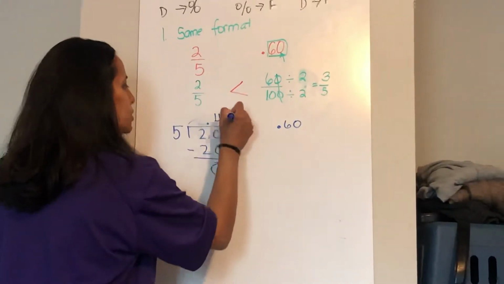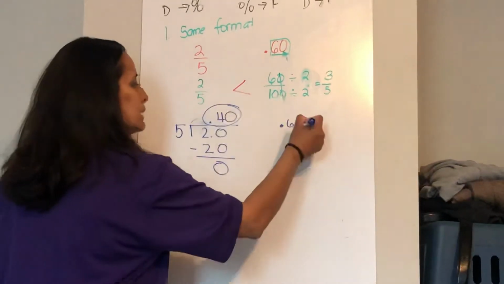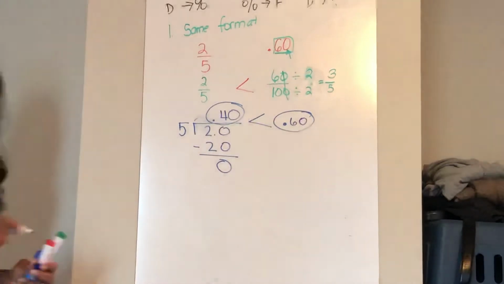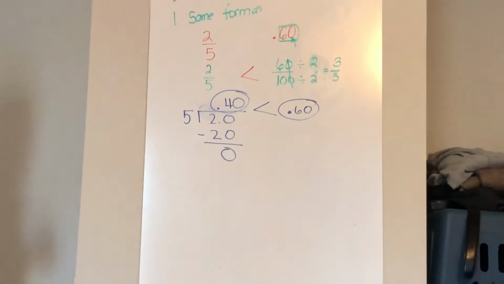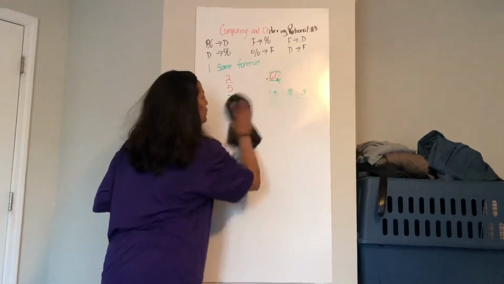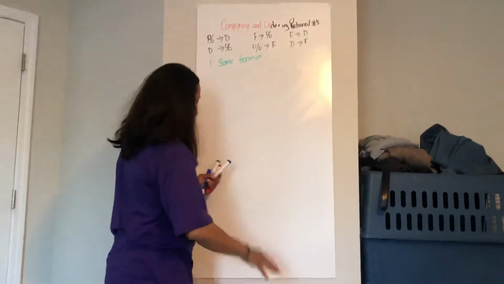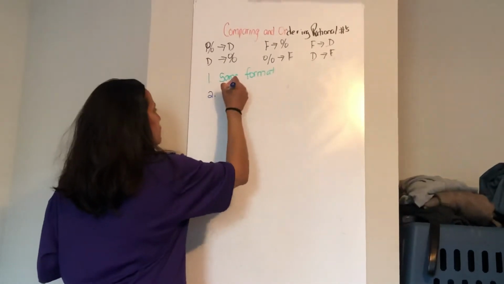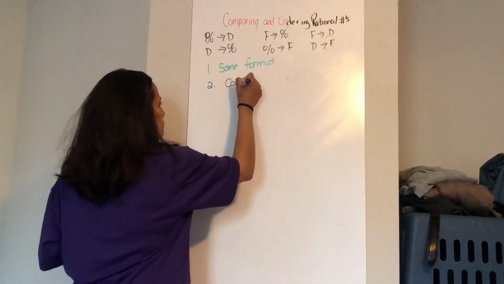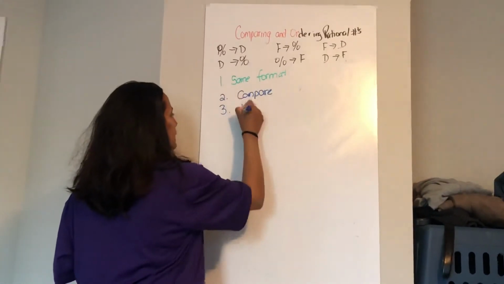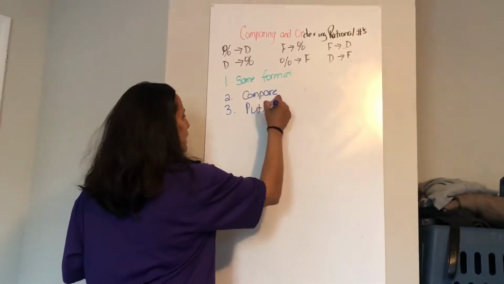And so now I'm looking at 0.4 as it relates to 0.6, and we know 0.6 is larger. So remember the rules for comparing and ordering rational numbers. That means that you must be in the same format. Then you can compare. And then you must put it back to the original format.